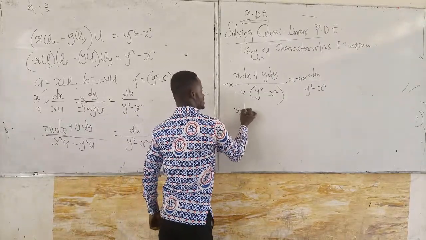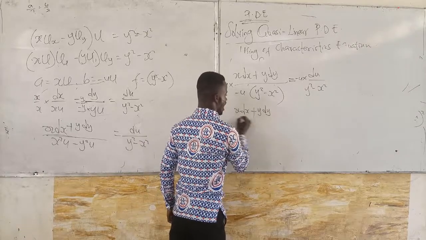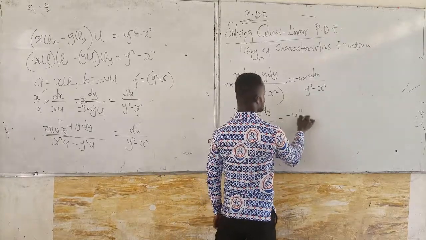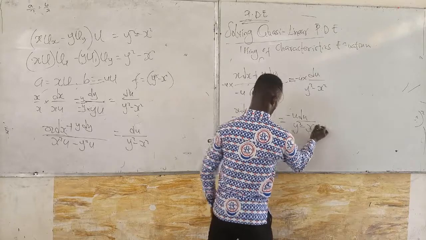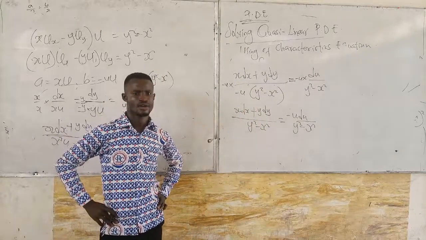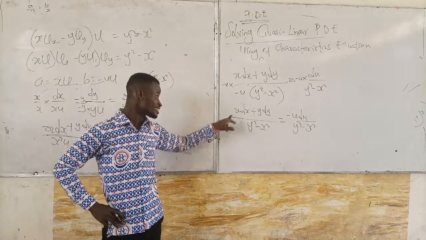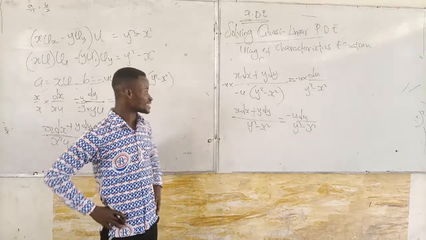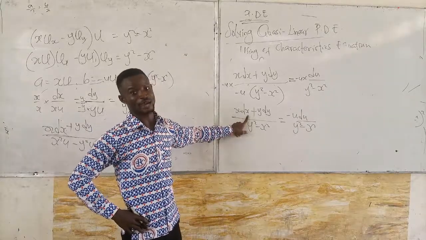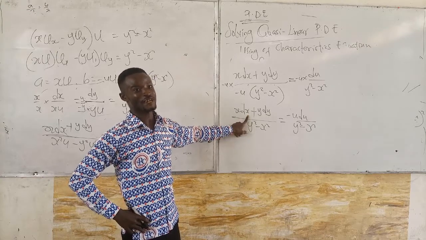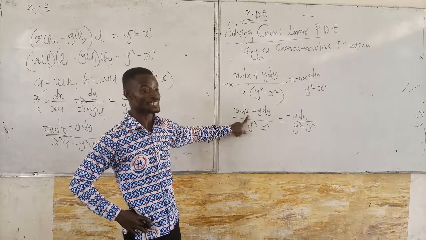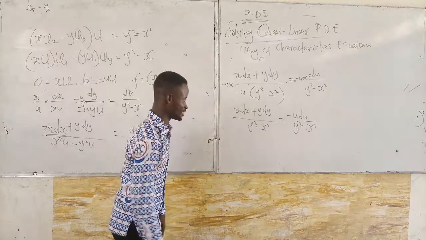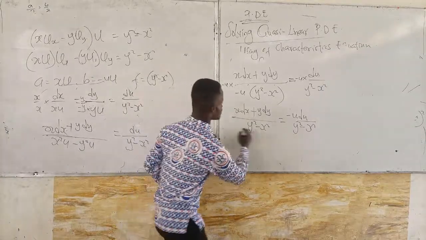So x dx, y dy, then you will be negative u over, and this is an exact differential equation depending on both x and y. But yes, still we can do something. Even if you are forgetting your exact differential equation depending on both x and y, you can do something. And what is that? Watch. Like that, you factorize.